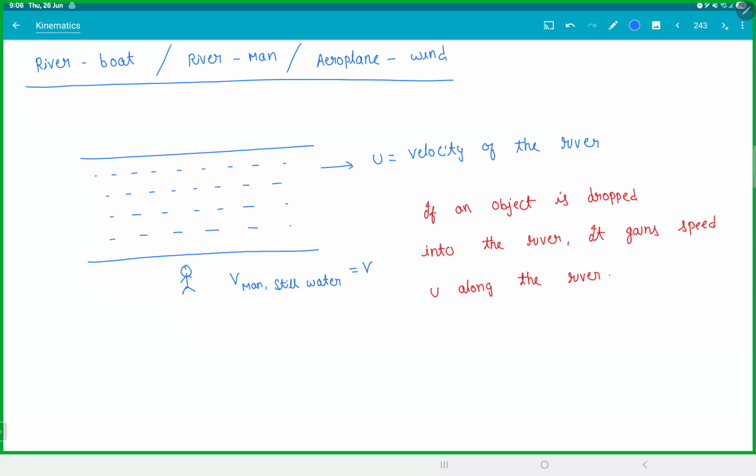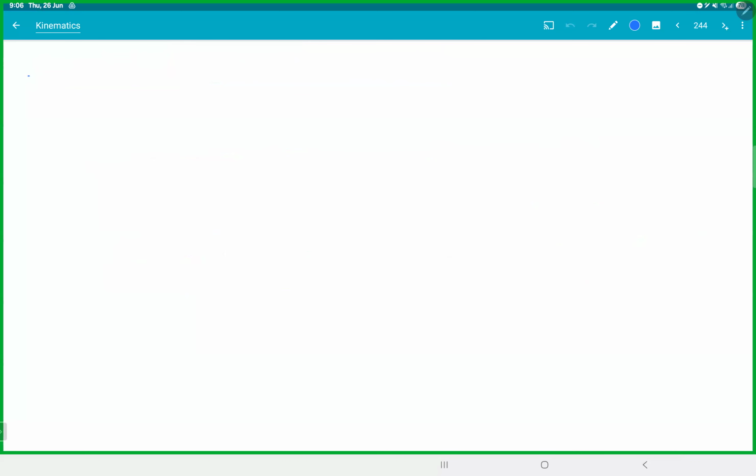So what do you mean by this? Let me show you some examples. Let's say the river's speed is 10 meters per second. So you take a man and just throw him in the river. Let's say he's not swimming. What will happen?